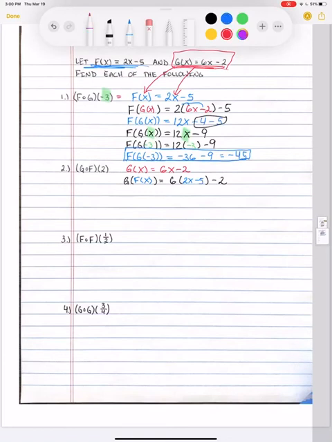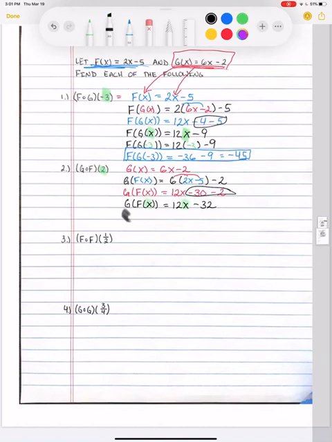I'm going to distribute, and I'm going to rewrite this name. 6 times 2 is 12, so I have 12x minus 30 minus 2. I'm going to combine my like terms. g of f of x equals 12x minus 32. Again, I have to remember that I have this 2 that I have to plug in here and here.